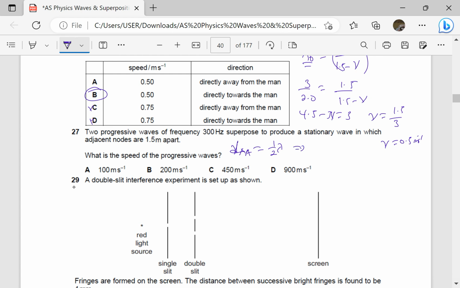Which means the wavelength is going to be 2 times 1.5, which is 3 meters. So speed is going to be 3 times 300, because V is equal to lambda times f. 3 times 300 gives us 900. So the answer is D.